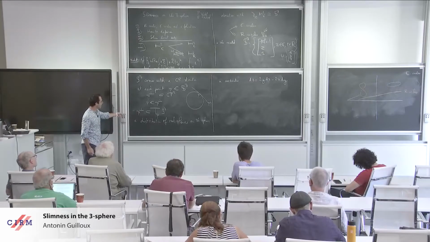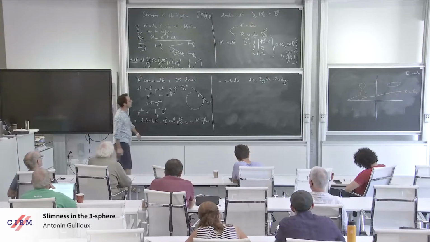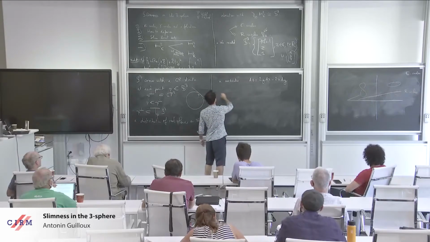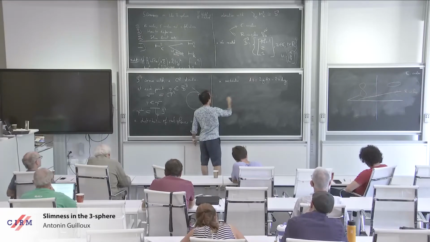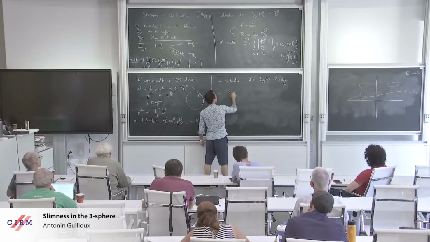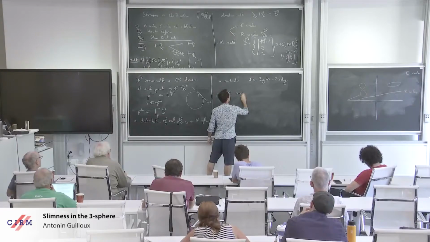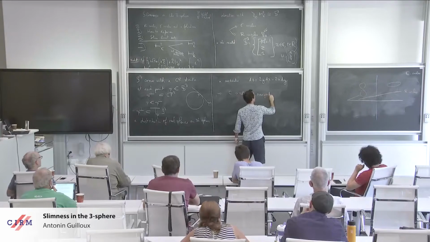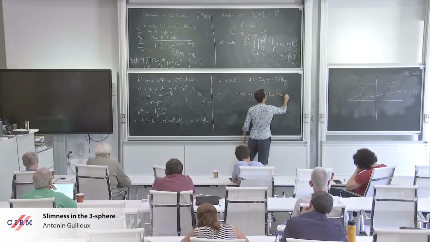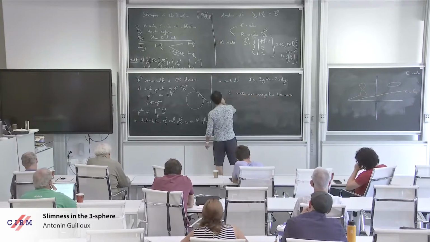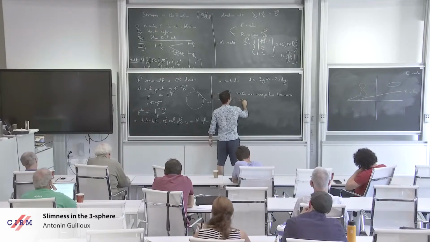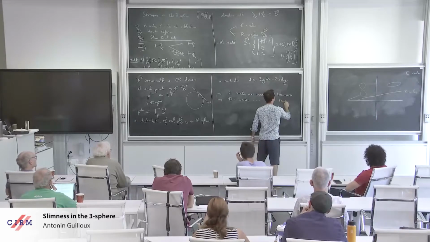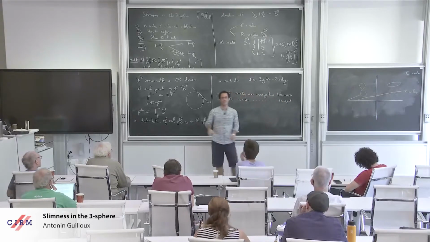Okay, why I care about this CR structure is that you can check very easily with this formula, or I will draw it on the picture, that C circles are everywhere transverse, whereas R circles are everywhere tangent to the distribution of planes.